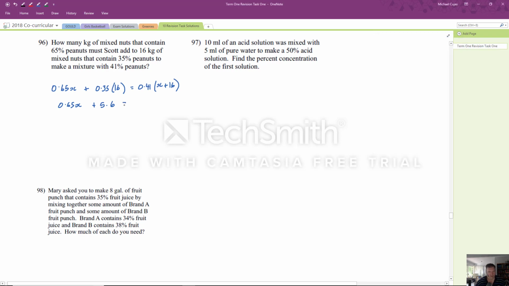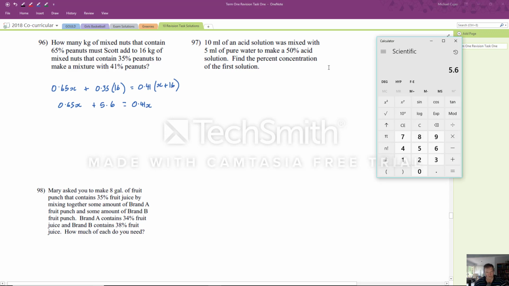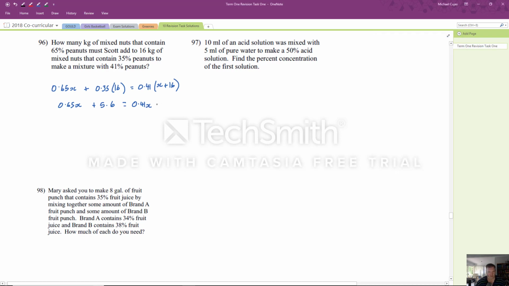And that equals 0.41x, and 0.41 times 16 is 6.56 kilograms. But again, let's just check that. 0.41 by 16, 6.56 kilograms. Good to know. I can still do some maths at least some of the time.